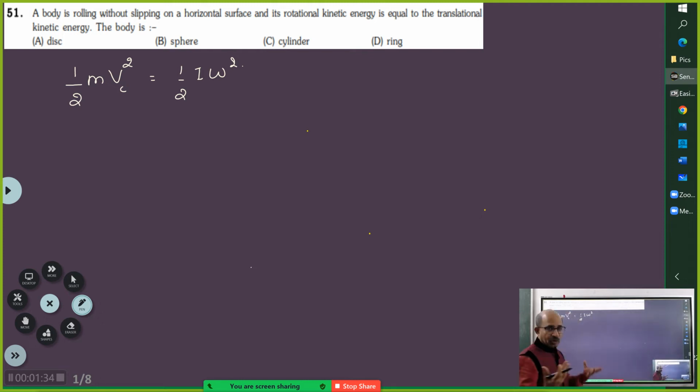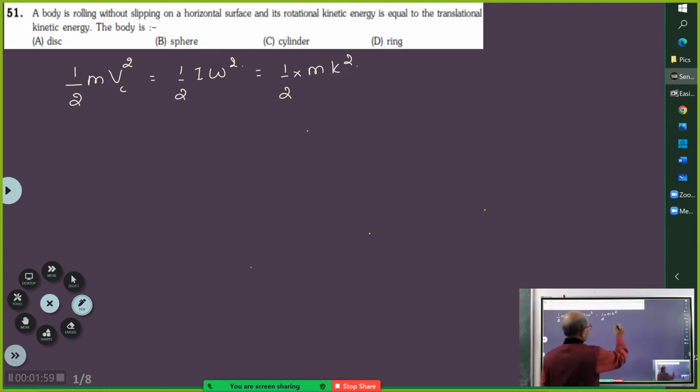Whenever you get a situation like this, we are going to use the concept of radius of gyration. So just write this in terms of radius of gyration. Here you can write it as half into m k square, and omega you express in terms of v. So omega is equal to what?